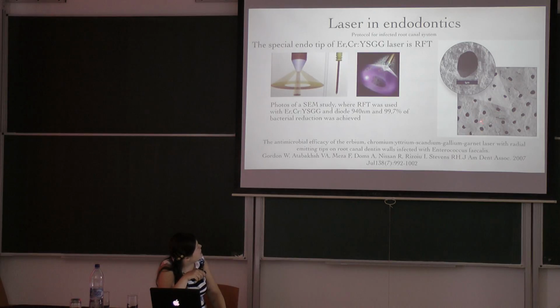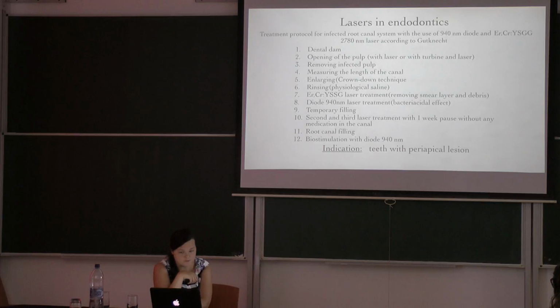So this can be nicely disinfected with the diode laser, and this shows that if they did erbium chromium and 940 diode together, they reached 99.7% bacterial reduction. So I think this is really good in terms of disinfecting the unreachable part of the canals.